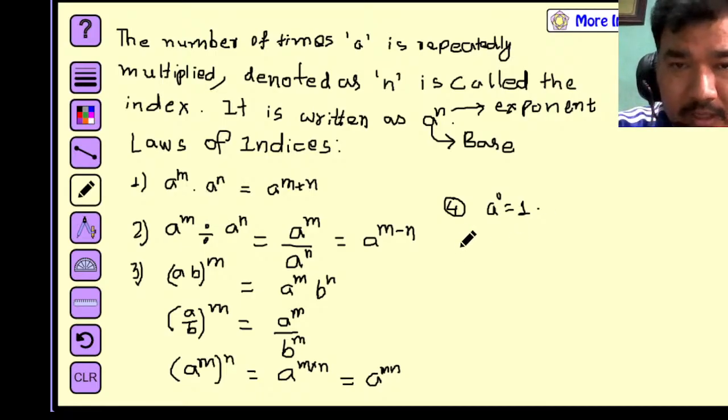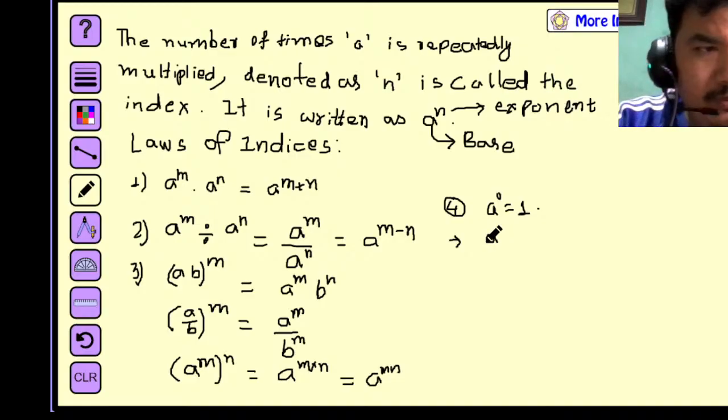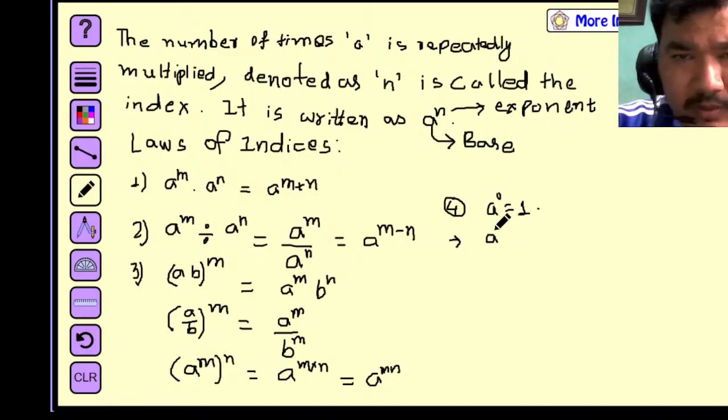Look, students, in the lower classes, I am doing this in two ways. First, I am taking the example of a to the power 2, a square. When you do a square divided by a square, this is the case of division.